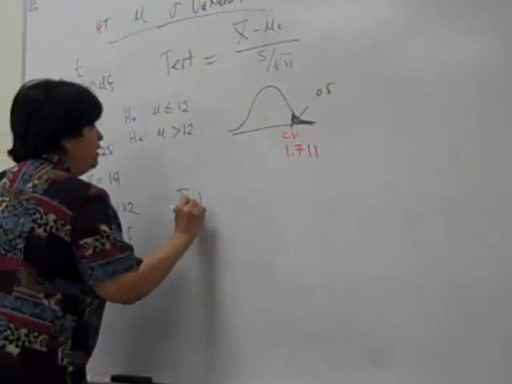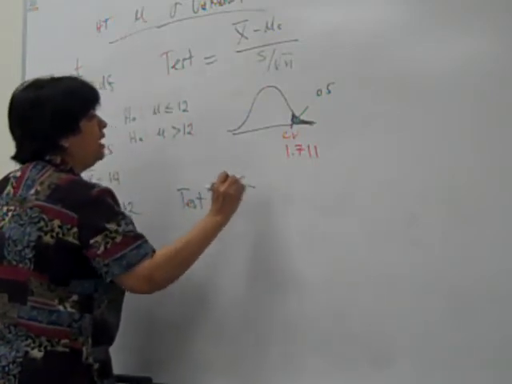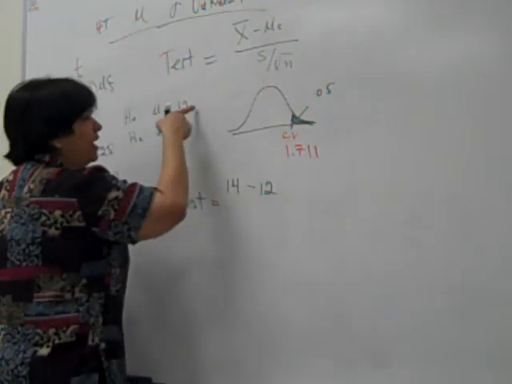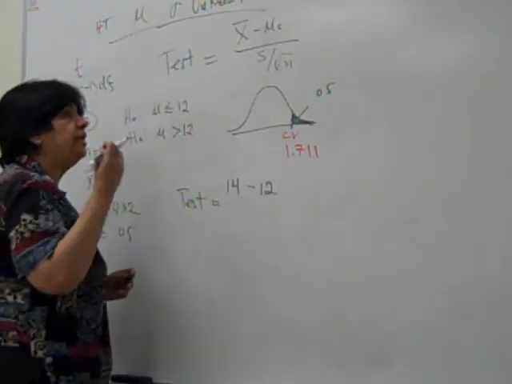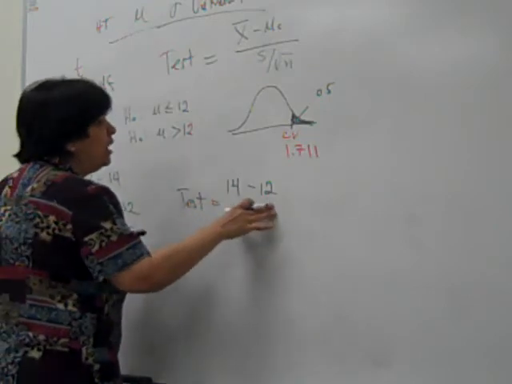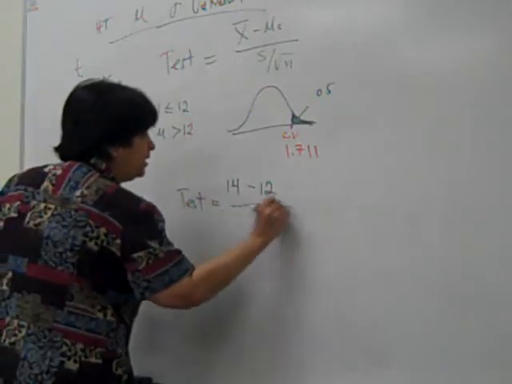The test value is equal to x bar, 14, minus mu0, that is 12. Mu0 is the constant that you are comparing the population parameter against.